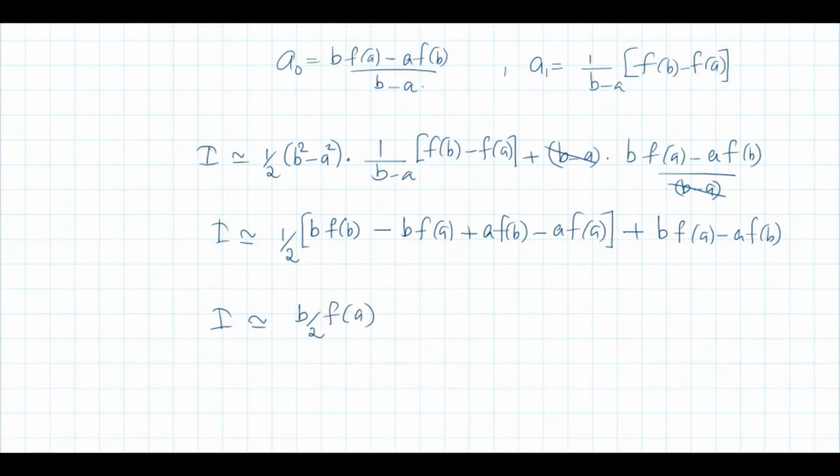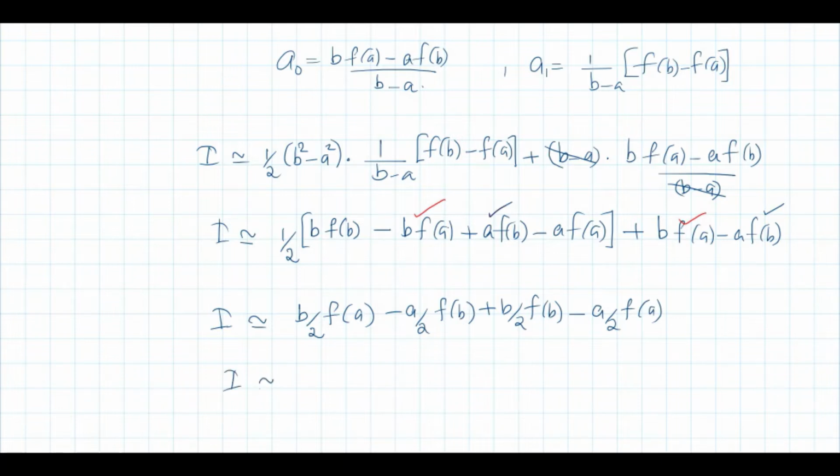So this term is over. And here you have minus a by 2 f(b) and here you have plus a by 2 f(b), so together they give minus a by 2 f(b). And here you have plus b by 2 f(b), and here you have minus a by 2 f(a).